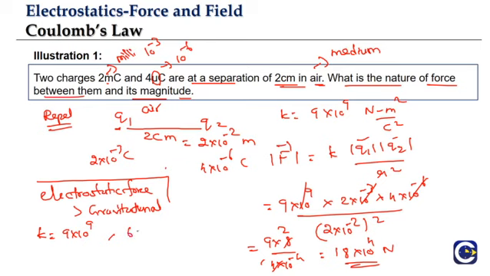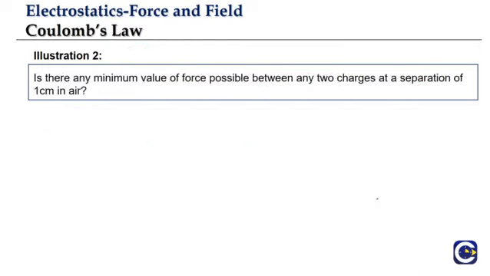The value of capital G is 6.67 into 10 power minus 11. So we can look at the order of the constants. This is 10 power 9 and this is 10 power minus 11. So the order of the constant for the electrostatic force is much more than the order of the constant for the gravitational force. That is the reason why the electrostatic force will be much stronger than the gravitational force.